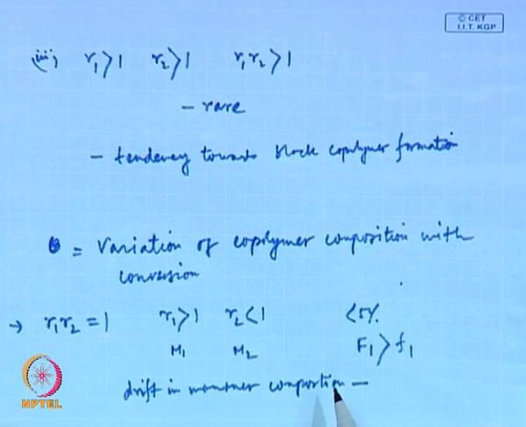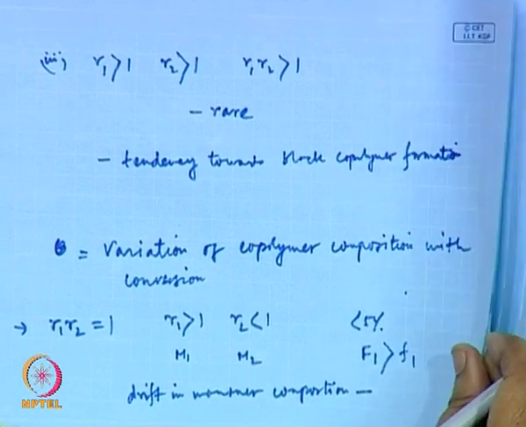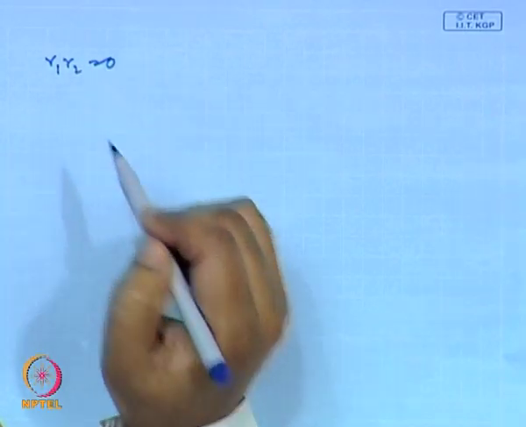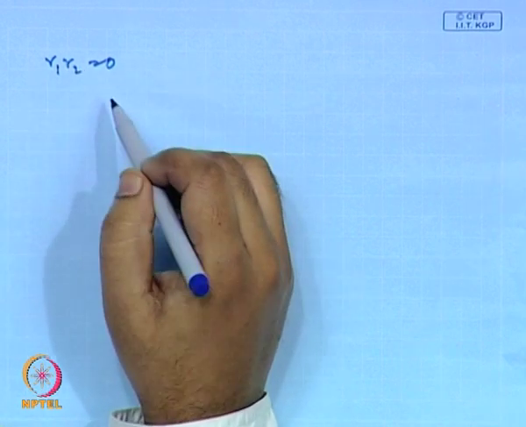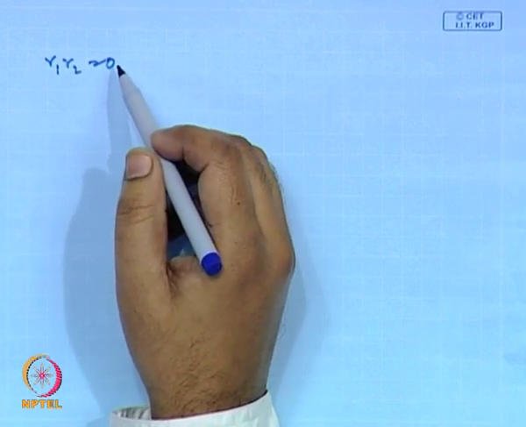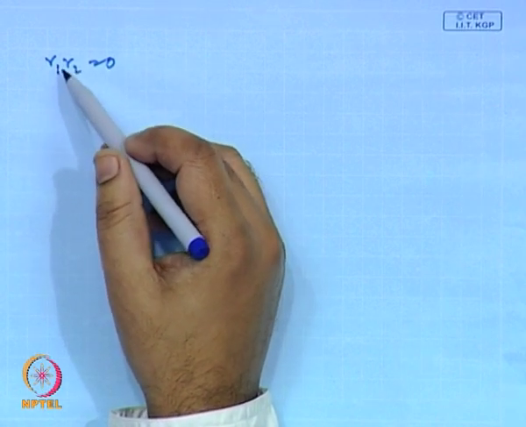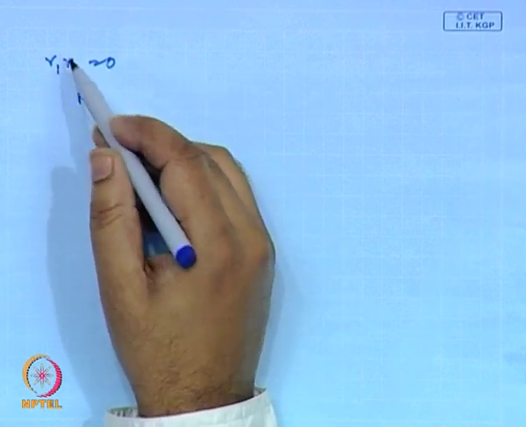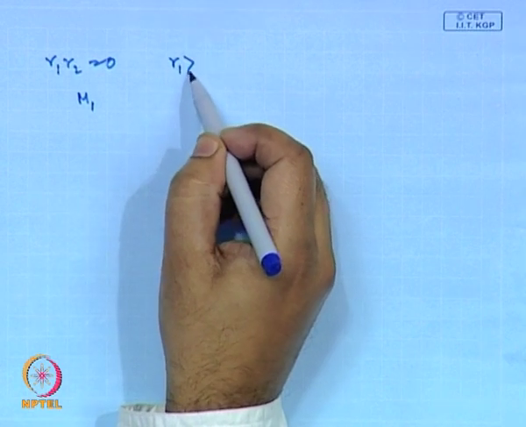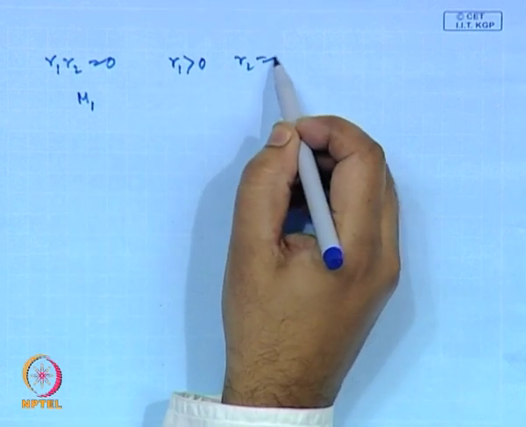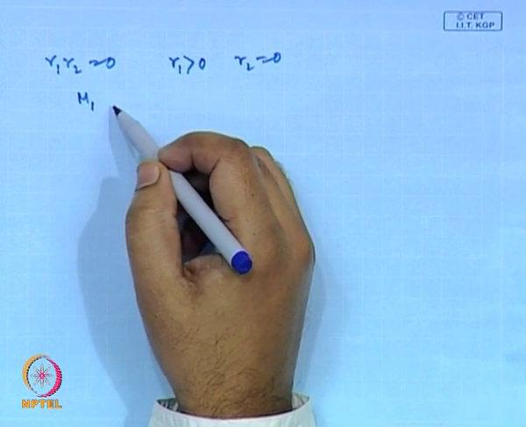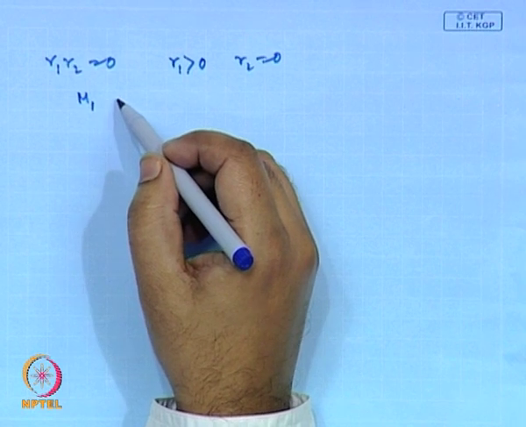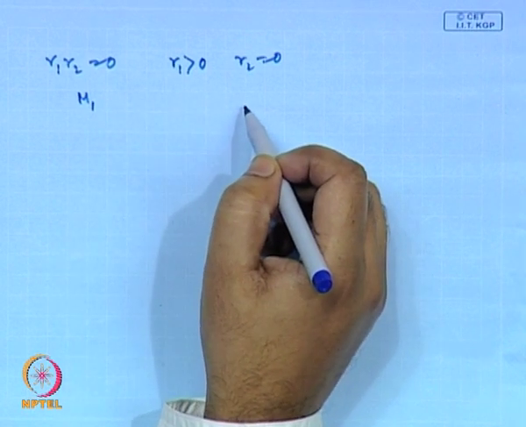Now, if you compare the other case, like R1 and R2 is 0. In this case, because this is more of an alternate copolymer, as long as the more reactive monomer, say R1 is greater than 0 and R2 is 0, as long as M1 is remaining in the reaction medium, they will form an alternate copolymer.